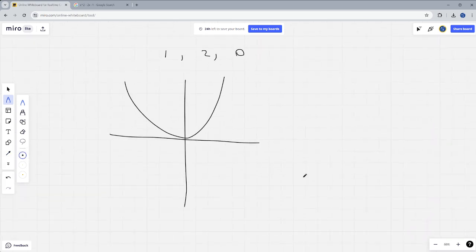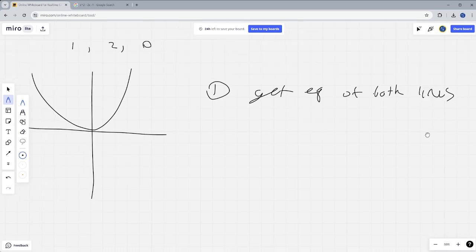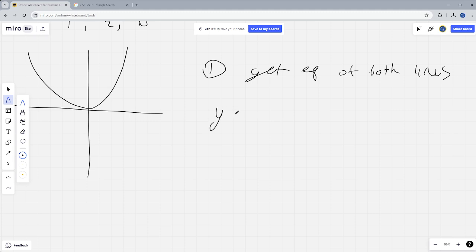All right. So how are we going to solve this? Well, step 1, get the equations of both lines, right? So let's go maybe for the quadratic, y is equal to 2(x minus 1) squared plus 1. Okay?